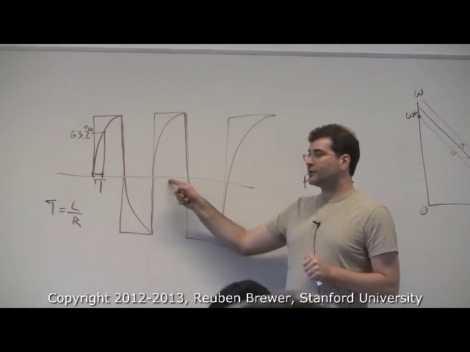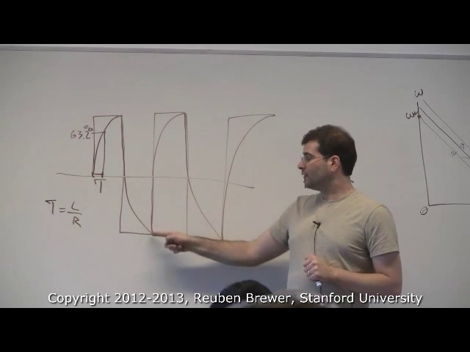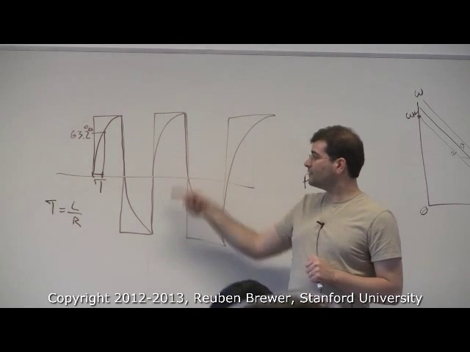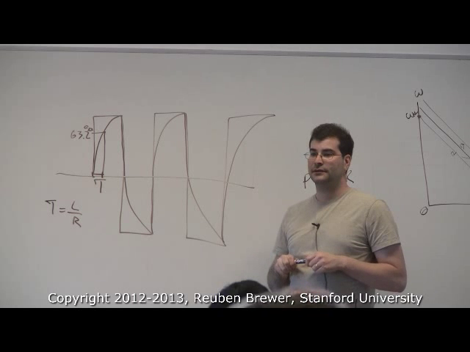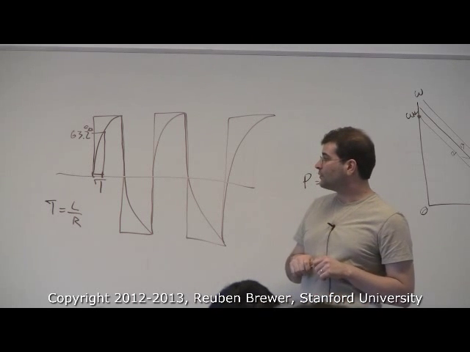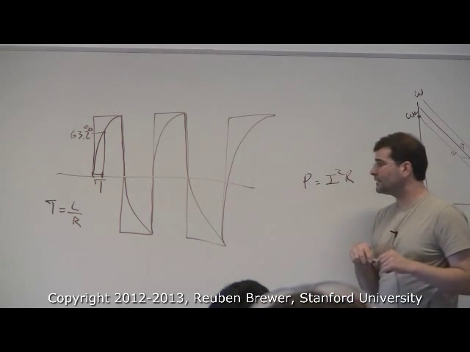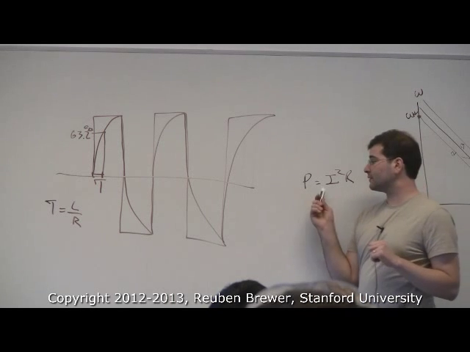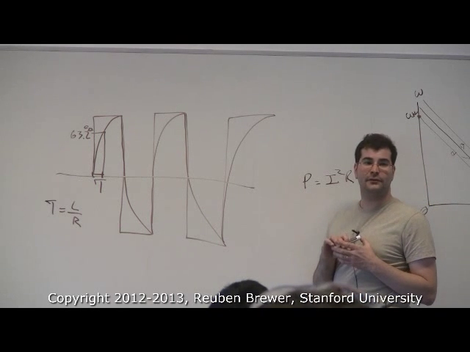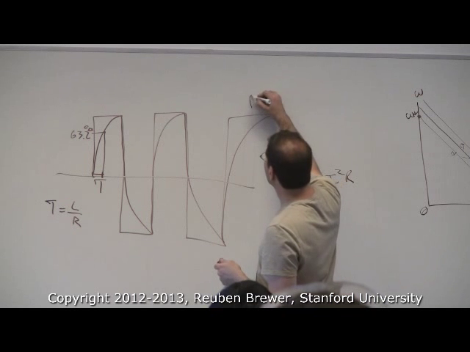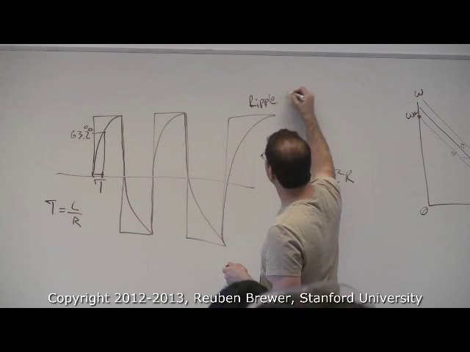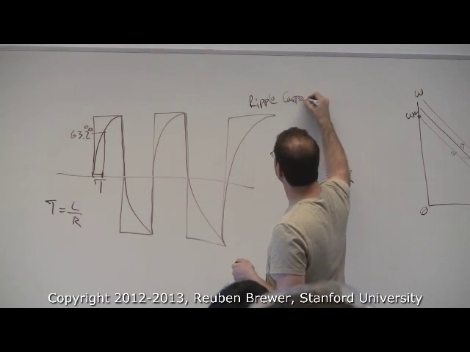So if this is the average current we want, all of this current above it is bad. It's not helping to actually move our motor forward. It's just getting lost in the coils as resistive heating, and this is called ripple current because it looks like the ripples in the ocean.